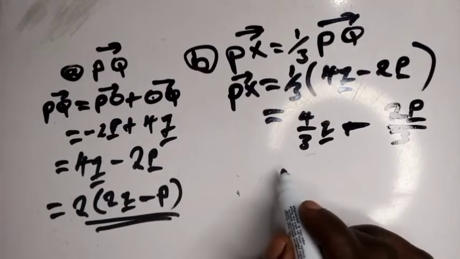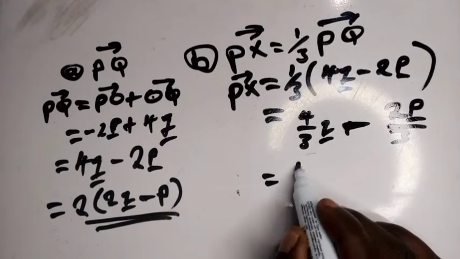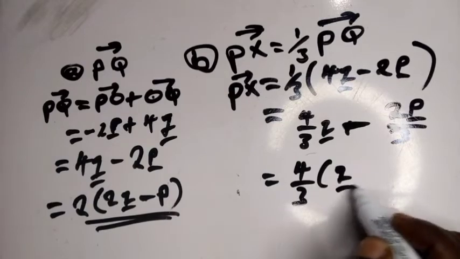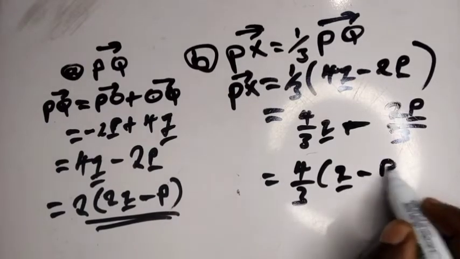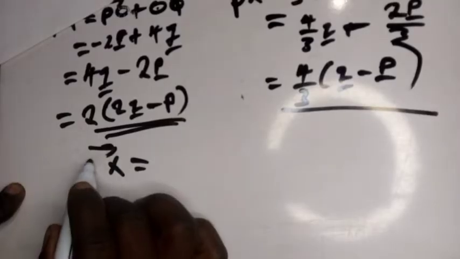If you want, you can factorize. What's common here is 4 over 3. So we are going to have 4 over 3 outside, then q minus p.